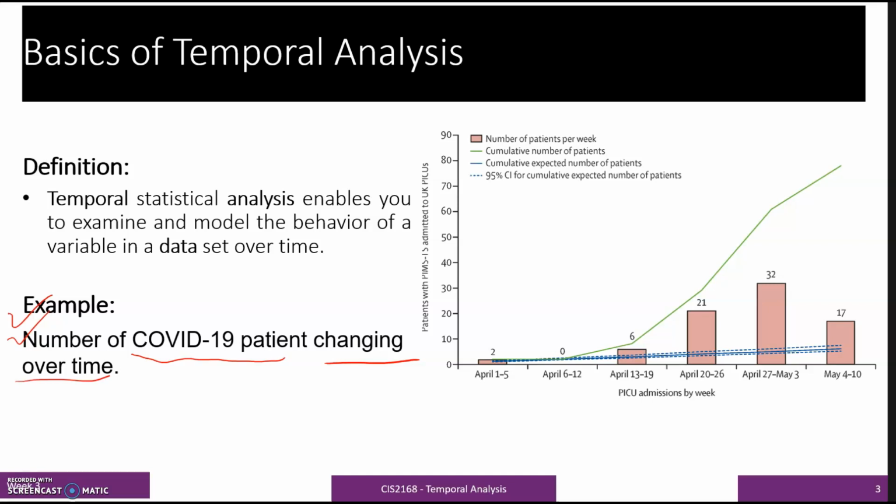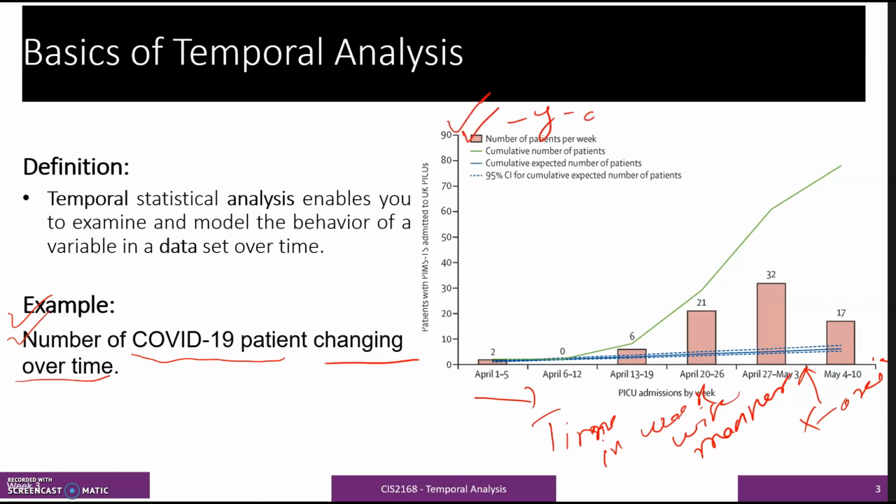In this graph, the x-axis represents week-wise, that is, it represents the time. And the y-axis represents the number of patients.